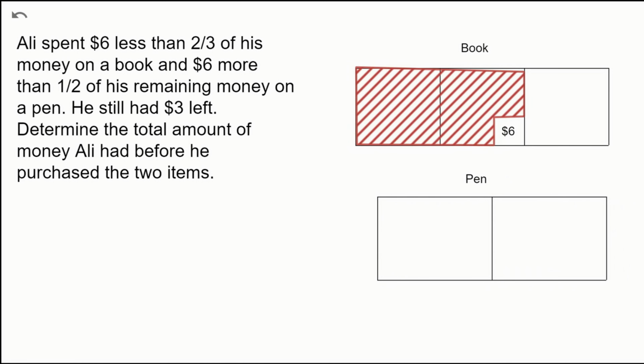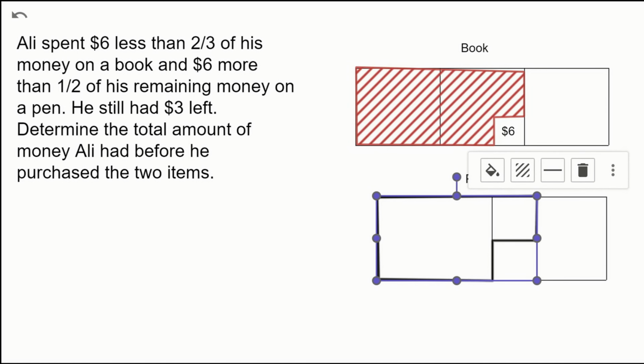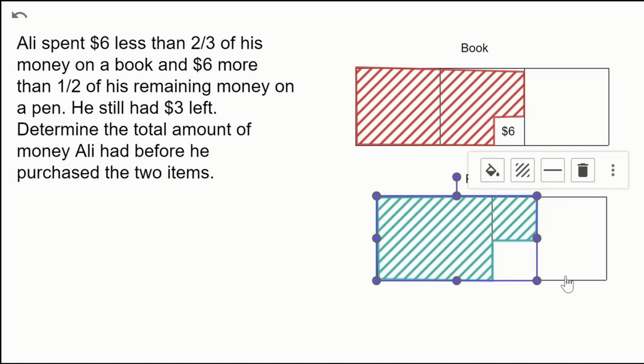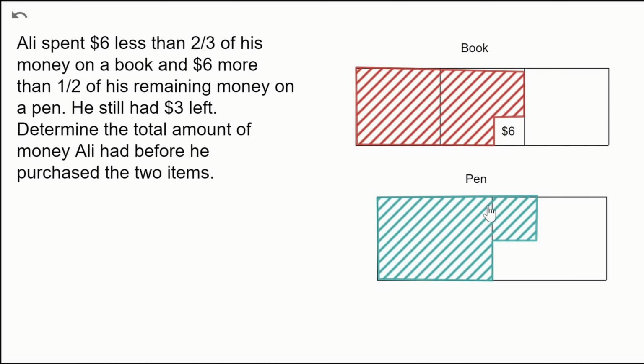The problem says he spent $6 more than half of his remaining money, so we'll show that on our little rectangle. Again, the shaded portion represents the amount of money Ali spends. As we can see, it's a bit more than half, specifically $6 more than half, as said in the problem.